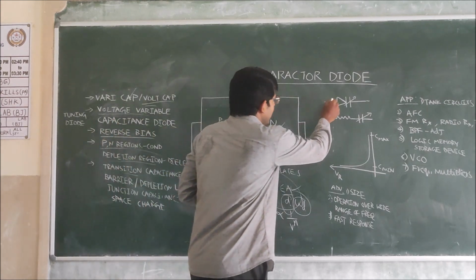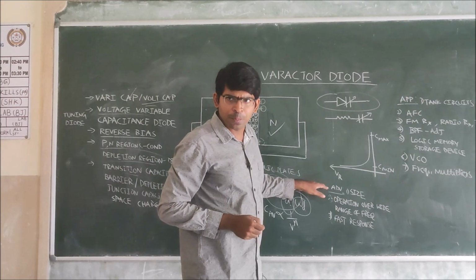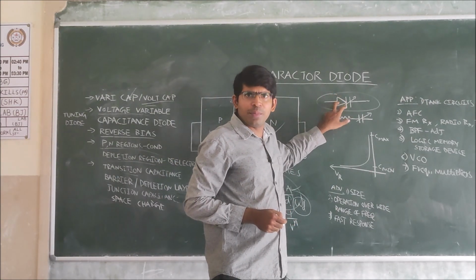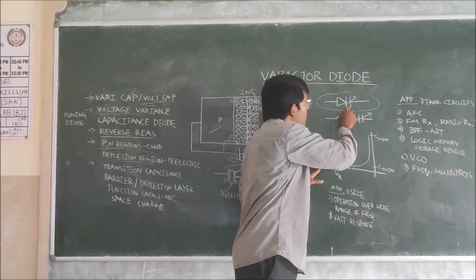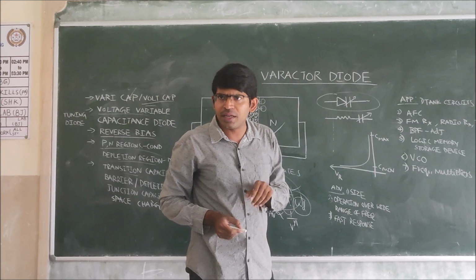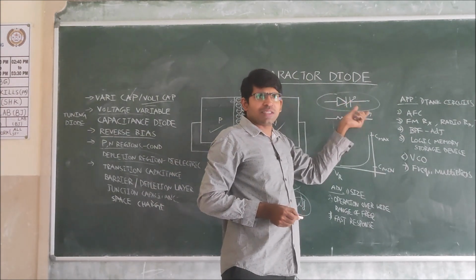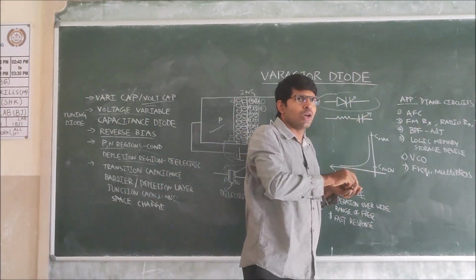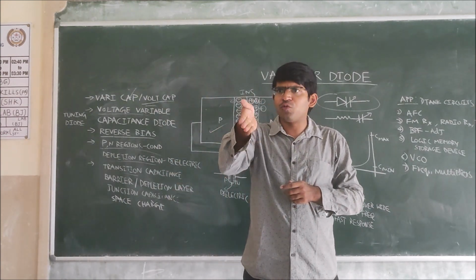Here we are drawing the circuit symbol of the Varactor diode. This P-type arrow represents the P-type semiconductor. The vertical bar represents the N-type semiconductor. These two terminals represent a capacitor and the arrow represents a variable capacitor. We have already seen the circuit symbol for the variable capacitor in the first chapter.